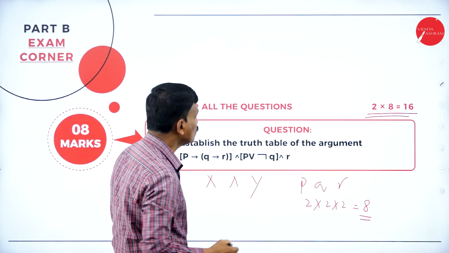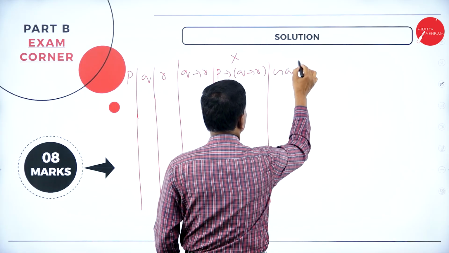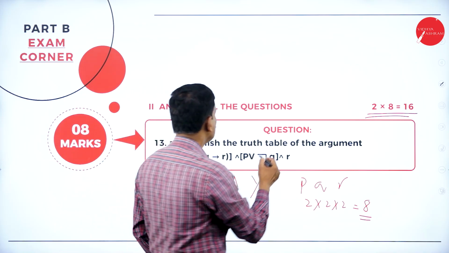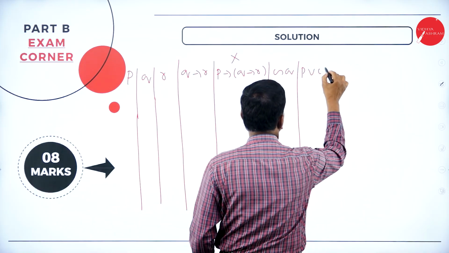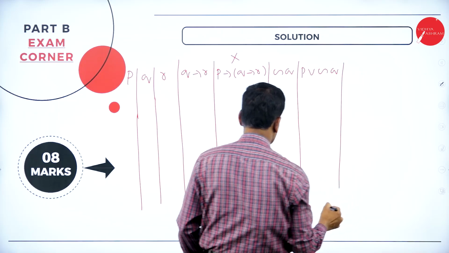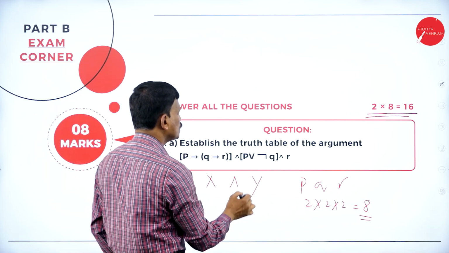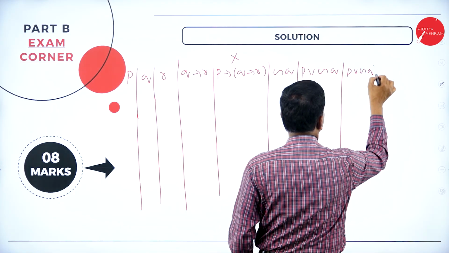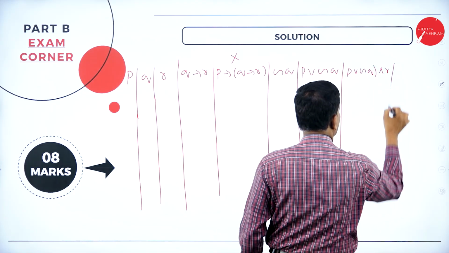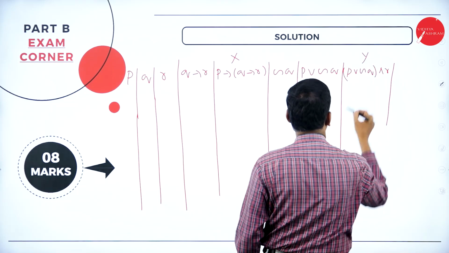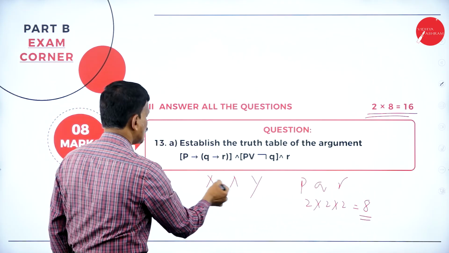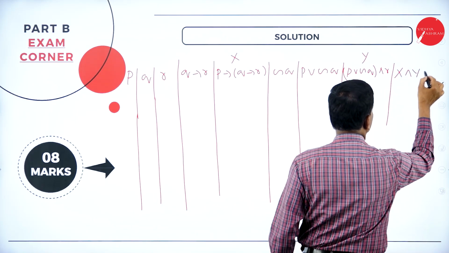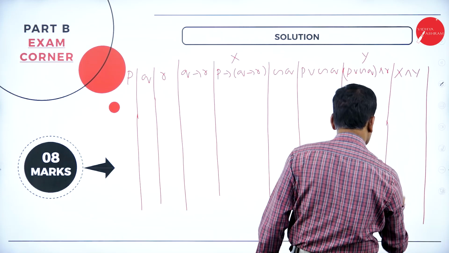Take negation of Q. Then P disjunction negation Q. Then P disjunction negation Q conjunction R. Now let us call this Y. Now what to write? Conjunction of X and Y, X conjunction Y. This is the truth table.